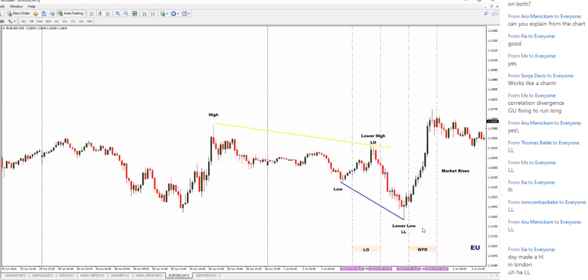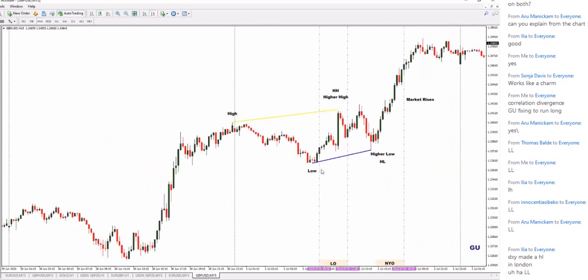Okay, so here, London to New York, we have a low to a lower low. Check. GU, we have a low here in London to a higher low. So again, we see the oddball out is GU.